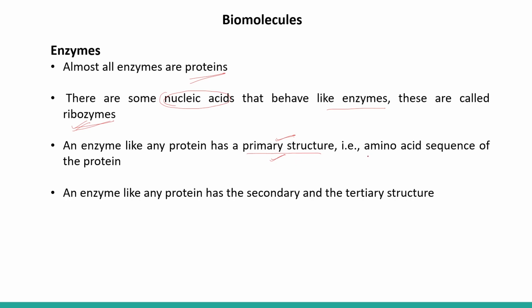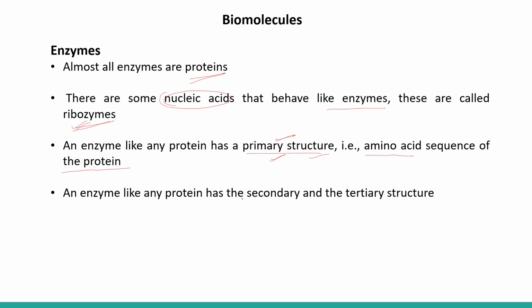There is a sequence or a chain of amino acids in which each amino acid is connected with the succeeding one with a peptide bond, and they form a primary structure in this way. So that amino acid sequence of the protein is called the primary structure.